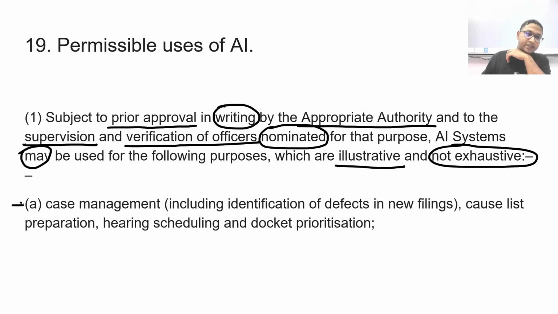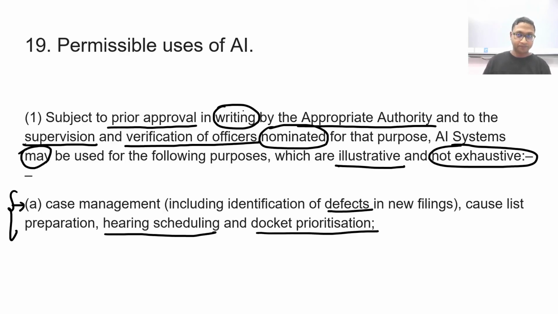One is case management, including the identification of defects in new filings, cause list preparation, hearing scheduling, and docket prioritization. So in all these cases, AI may be used. But one has to be cautious here as well, because even generating these things seem to be not affected by bias, but AIs might pick up hidden biases inside these documents as well.